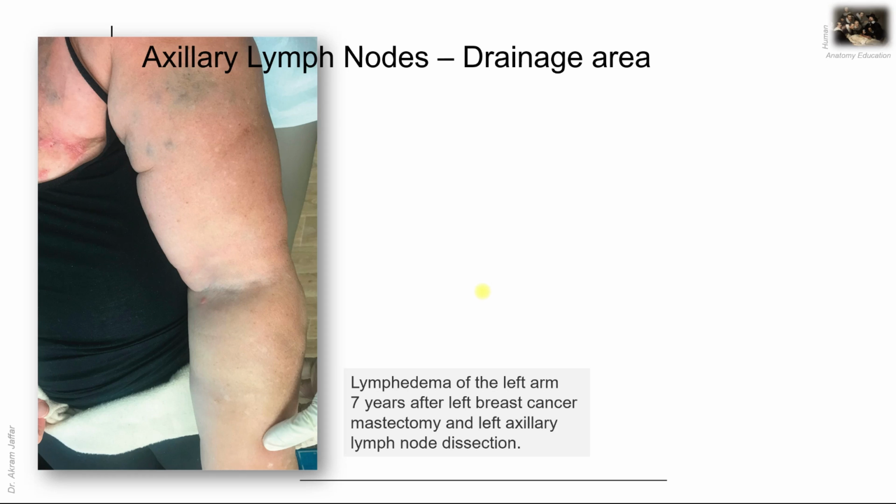So if this disruption takes place after the removal of axillary lymph nodes, like for example here in this patient, she's developing a lymphedema of the left arm 7 years after her breast cancer mastectomy and left axillary lymph node dissection. Sometimes radiotherapy might also affect the lymphatic vessels and result in fibrosis. And all this will cause disruption of the normal lymphatic drainage, resulting in lymphedema.